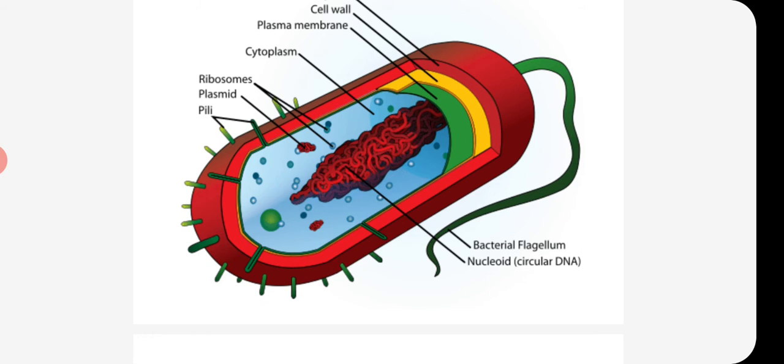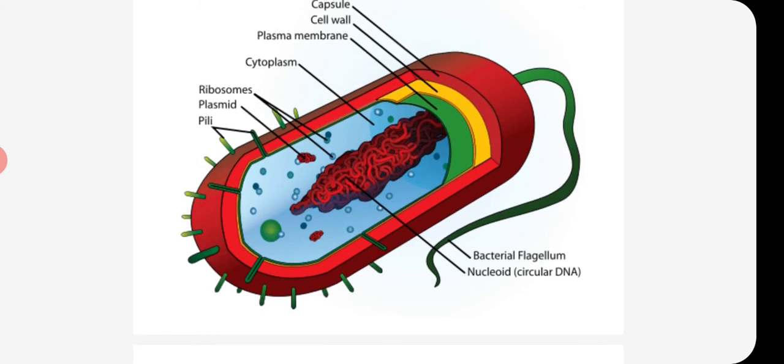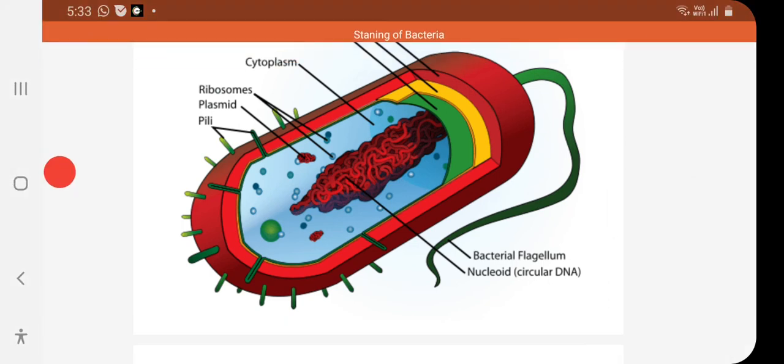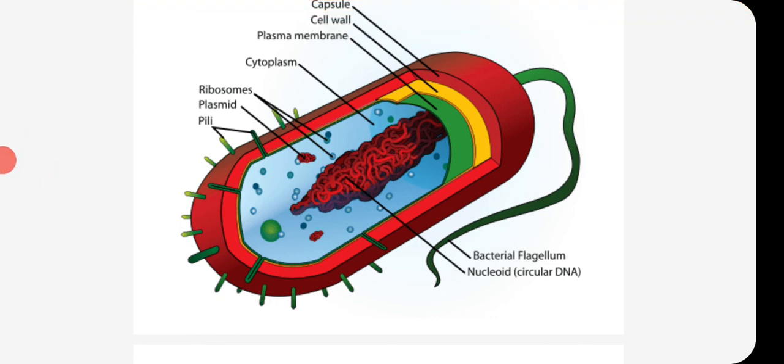Apart from these structures, there are many filamentous hair-like structures on the surface of the bacterium. They are called pili or fimbriae. These filamentous structures are made up of pilin proteins, and they arise from the plasma membrane. They are of two types. Type 1 pili are meant for anchorage to the host cell while causing the disease.